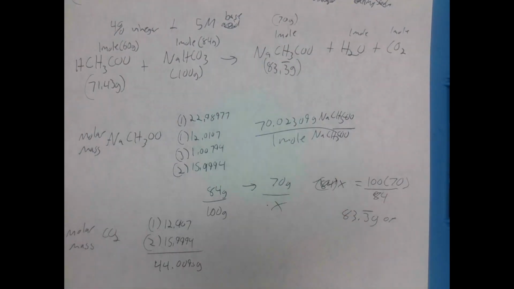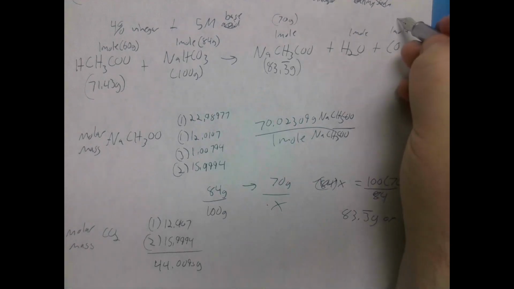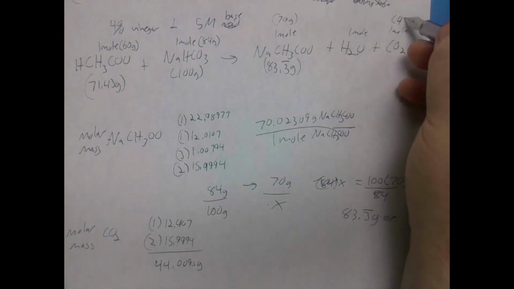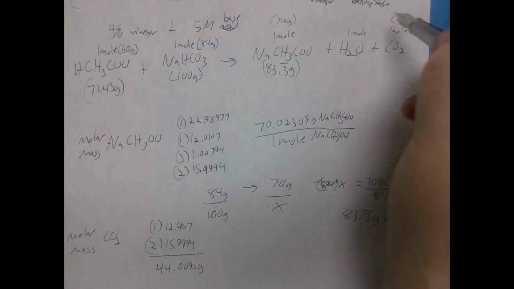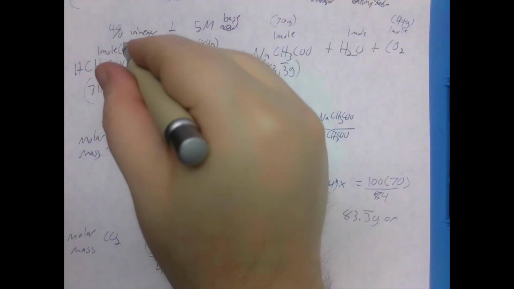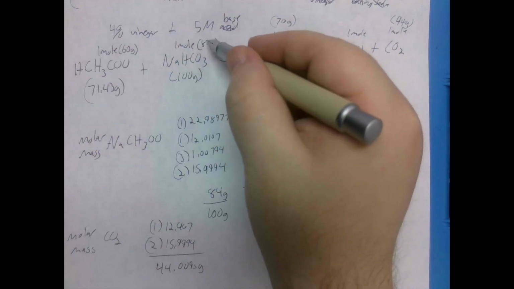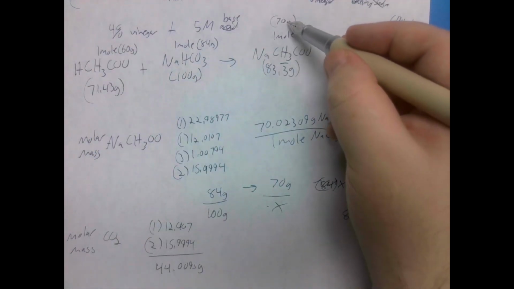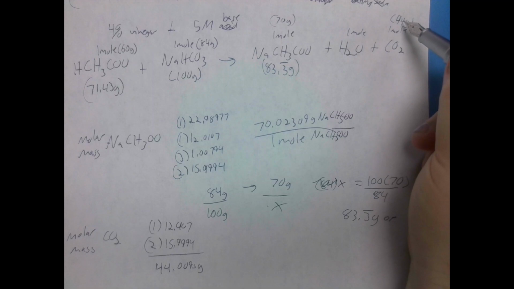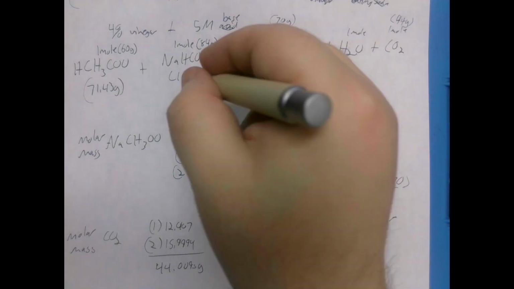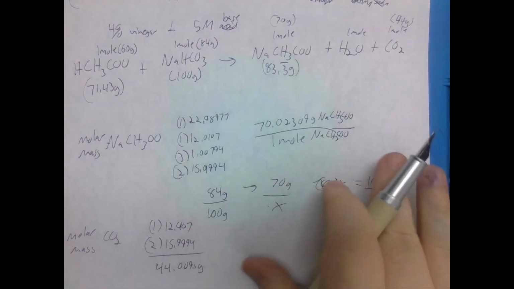I'm also rounding for brevity. So the ratio over here. So these top numbers represent if I'm using exactly 1 mole. So 1 mole is 60 grams, 1 mole is 84 grams, 1 mole is 70 grams, 1 mole of this would be 44 grams. And the bottom numbers are what we're actually using. Does that make sense?